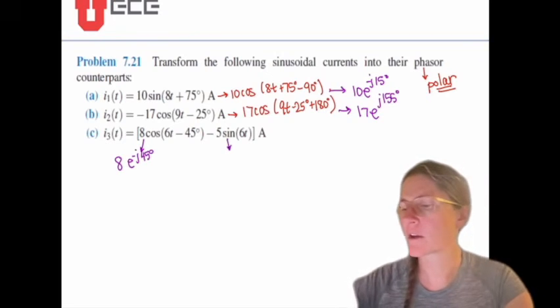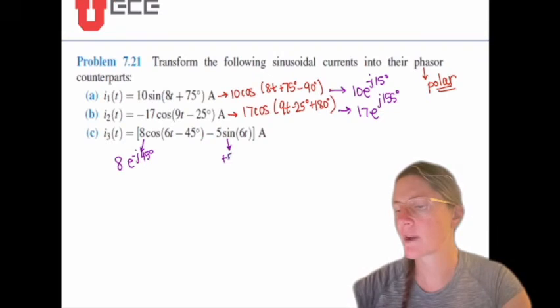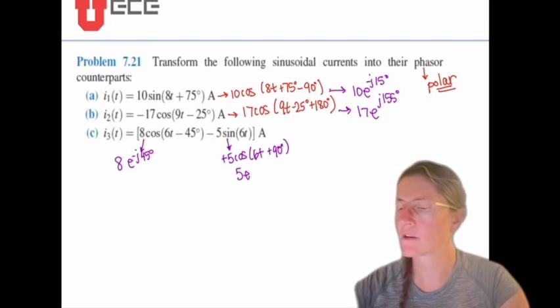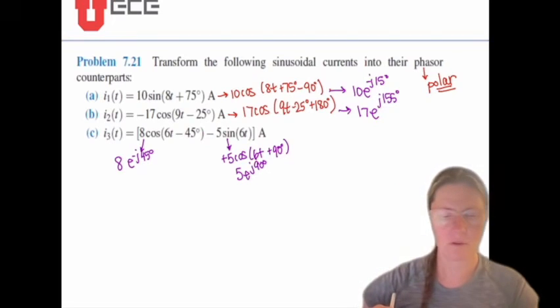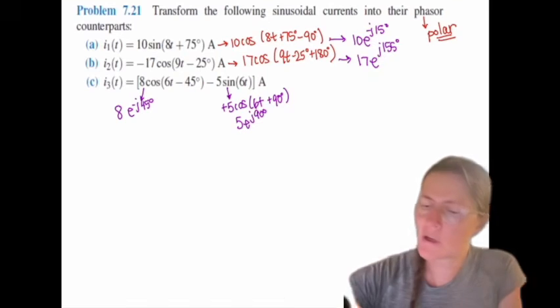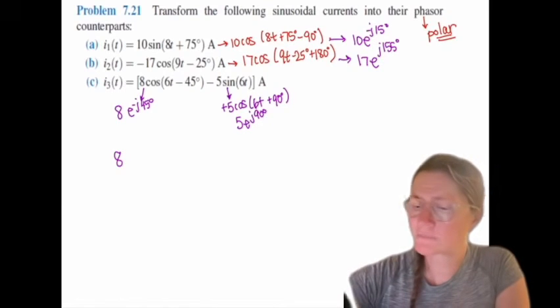And this one becomes a plus 5 cosine 6t plus 90 degrees. So that one becomes 5e^(j90 degrees).